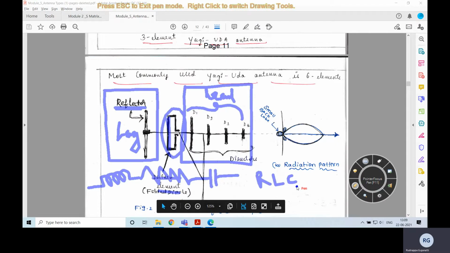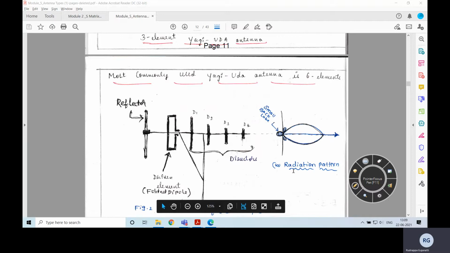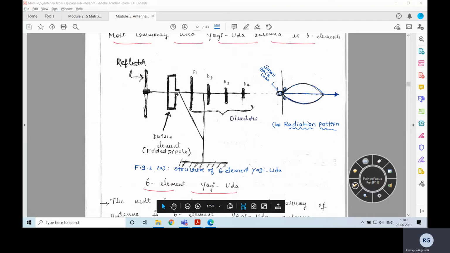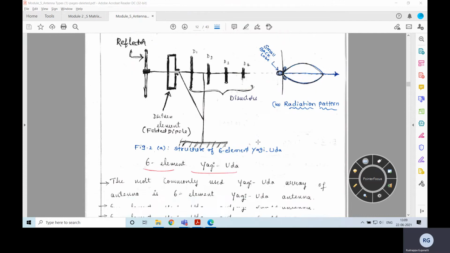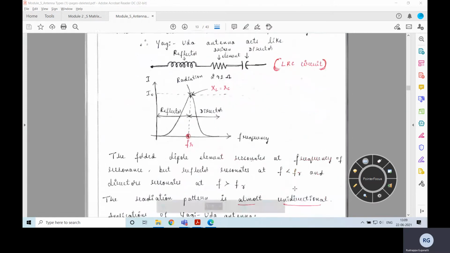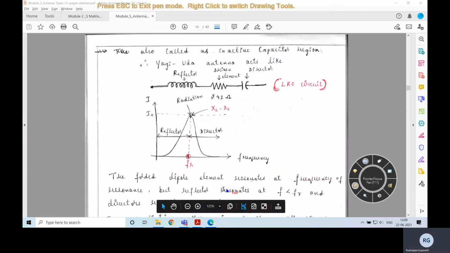Whenever we have an RLC circuit, we try to analyze its frequency response. In this case, we look at the current versus the frequency at which the antenna is operating. We observe that the radiation happens at one specific frequency, which is the resonant frequency.